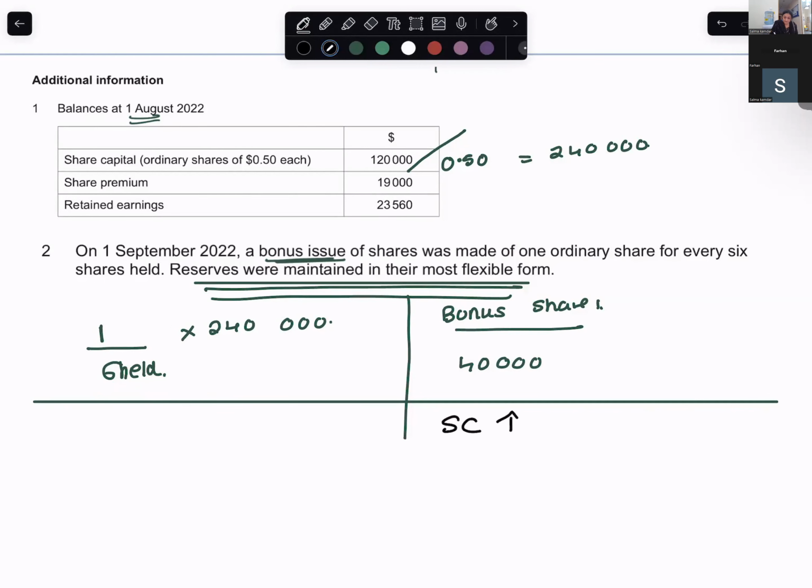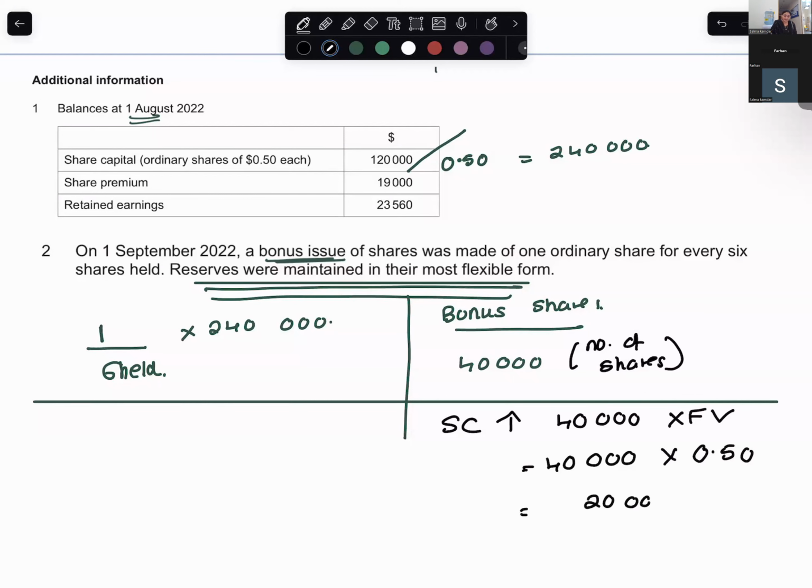It will increase by number of shares multiplied by face value, so 40,000 times 0.50, which is 20,000. Share capital will increase by 20,000. So share capital is increasing, so this is credit. What is debit?